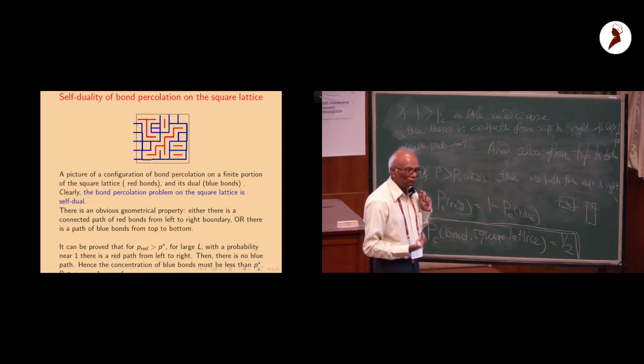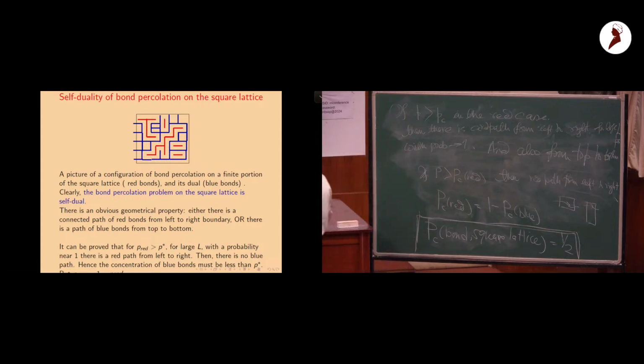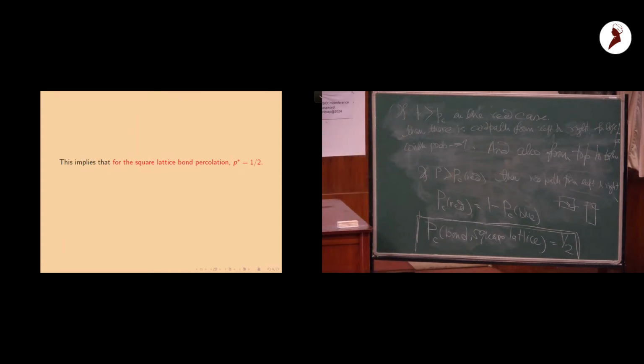Those values are also known, but you need some extra argument to calculate them, and right now we are skipping it. You can read it up, of course; they are available in standard sources. So this implies that for the square lattice bond problem, P star, which is the PC, is half.